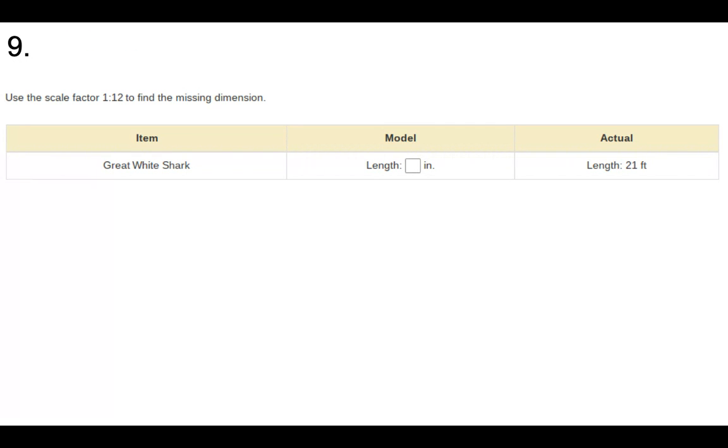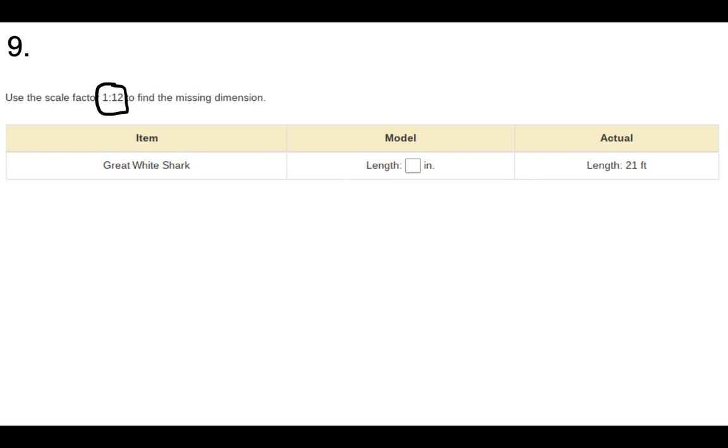For number 9, it says use the scale factor 1 to 12 to find the missing dimension. It's a great white shark, so the model gives you a length in inches, and the actual is a length in feet. So what you are going to do for number 9 is, it says that it is 1 to 12.